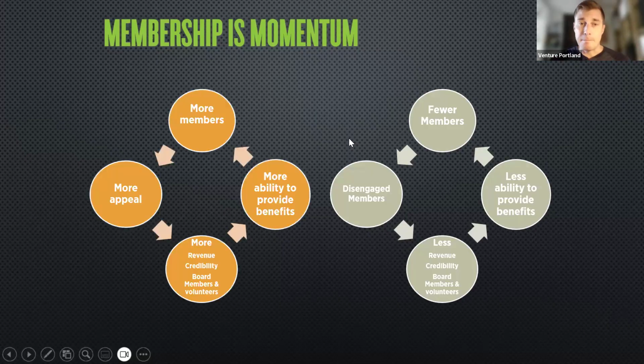On the flip side of that, the more members you have, the more appeal your association has, which leads to more revenue for your association, more credibility for your association, more board members. And that in turn leads to the ability to provide more benefits. So benefits are the most important thing in generating members and getting interest in the organization. And then that leads into a cycle, right? Where the more benefits you provide, the more members you have. The more members you have, the more appeal you have, and so on and so forth.